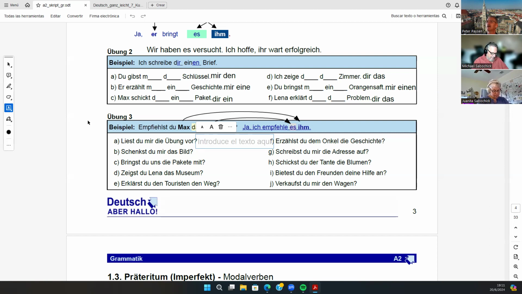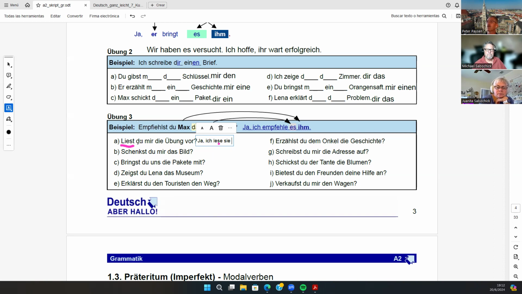So, ja, ich lese sie mir vor. Yes, I read it to myself. Lese. Okay, so we have liest, all right? You got the verb lese. Liest du, okay?